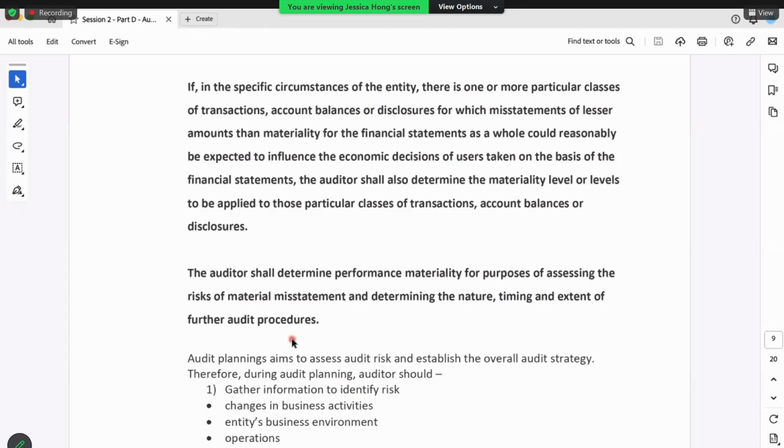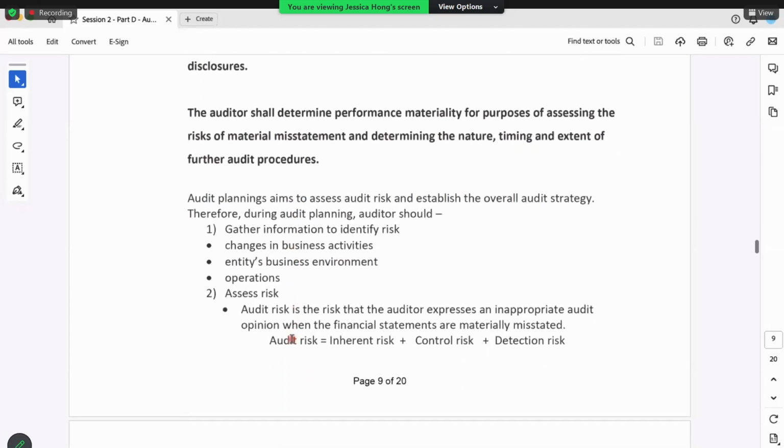That is why I say that the risk assessment on material misstatement continues with the audit procedures that we have already decided. So in audit planning, just to summarize, this is the area where we do a lot of data gathering. And then, where is our audit risk?